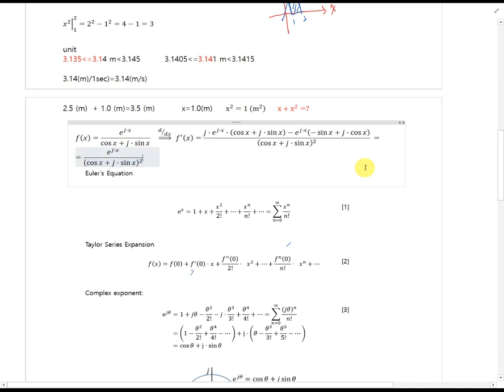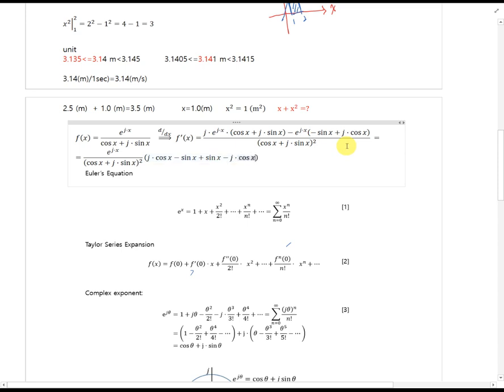The remainder looks like this: j times cosine x, and j and j will be minus sine x, and from here minus will be plus, and minus and plus will be minus.